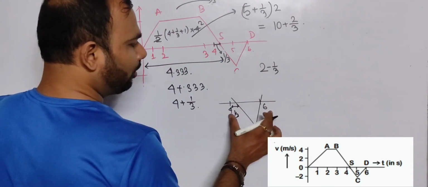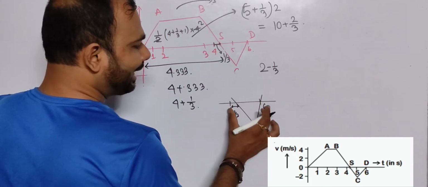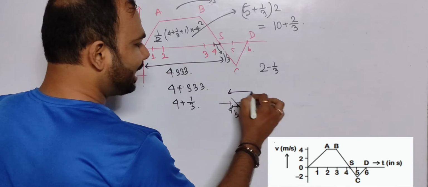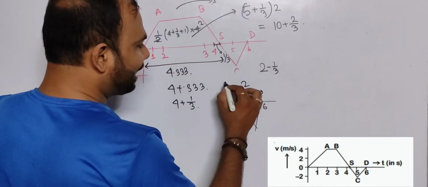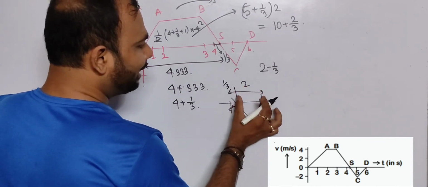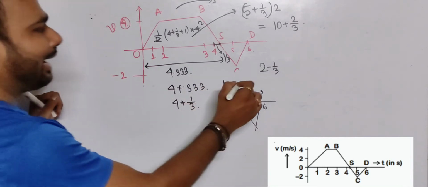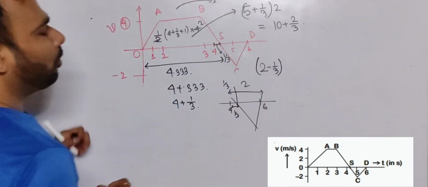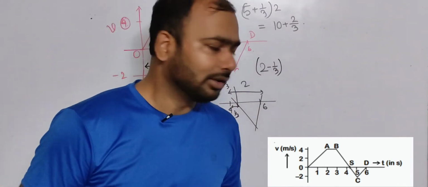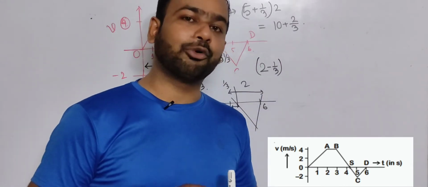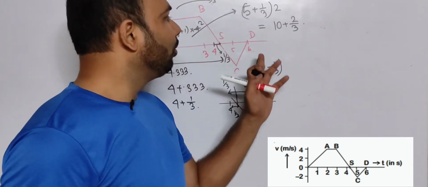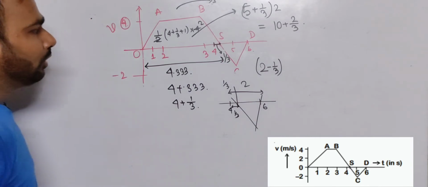So 4, 6, the gap between them is 2. This gap is 2. If we subtract 1 by 3, then we'll get the base. So that's why I considered 2 minus 1 by 3. I'm not going to solve this expression. So we have to avoid some solving while doing this kind of sums.